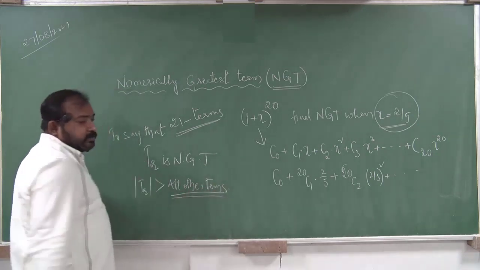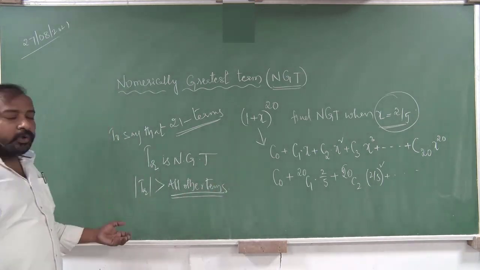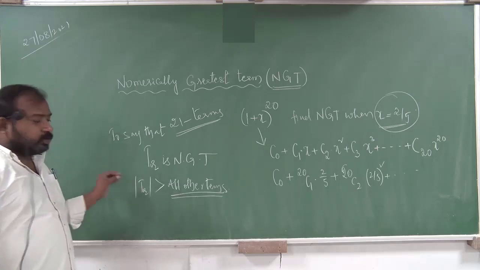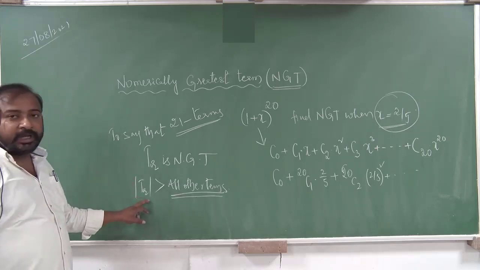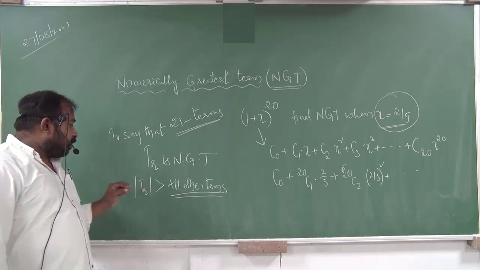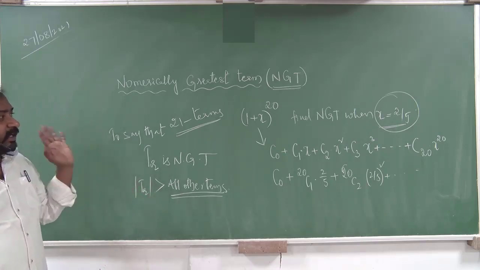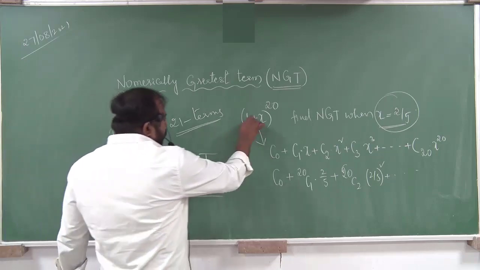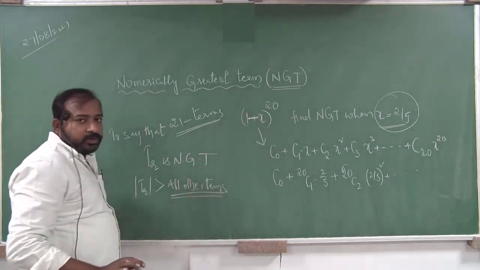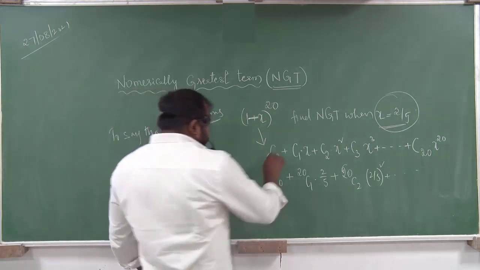This is the logic. The numerical value you have to compare; the sign you can leave. Why have I taken the modulus? Simple logic: there is no need of the sign. Even if you take minus also, it is not an issue.